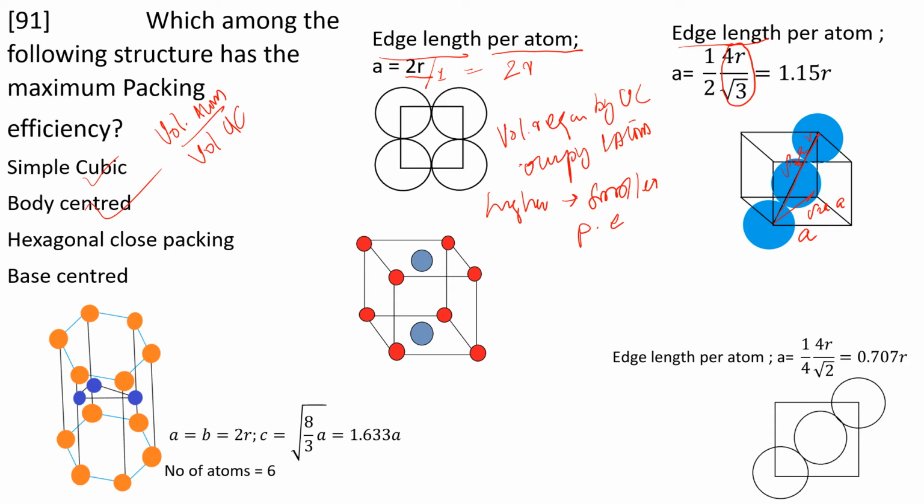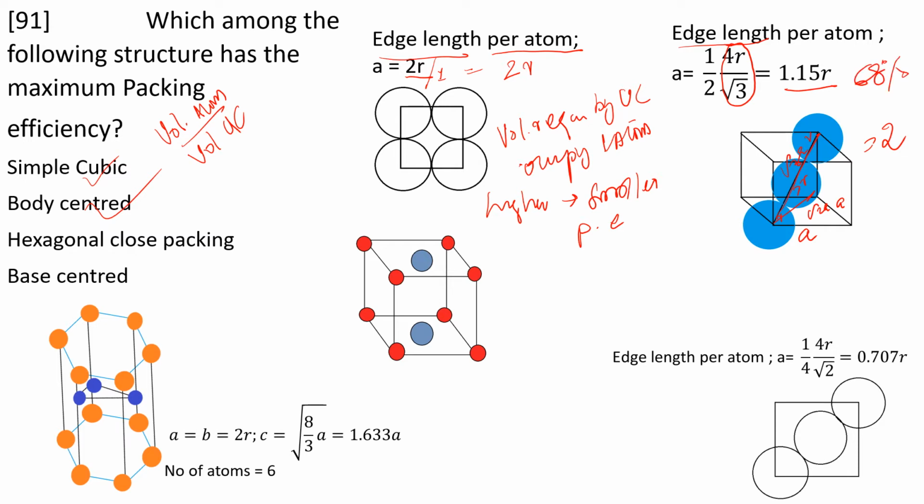Now this is R, this is 2 times R, this is R. So 4R by root 3 will be equal to A. So number of atoms here is equal to 2. So dividing by 2, you will get 1.15 R. Here the packing efficiency is 68%.